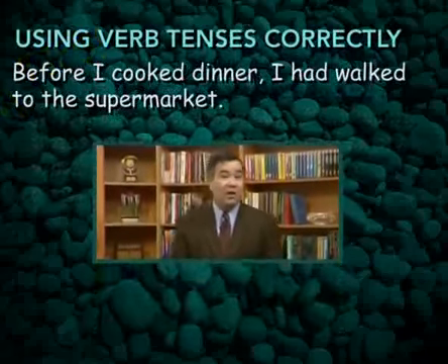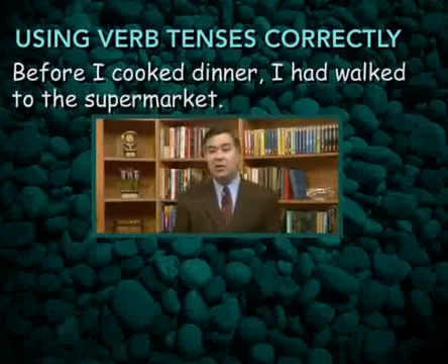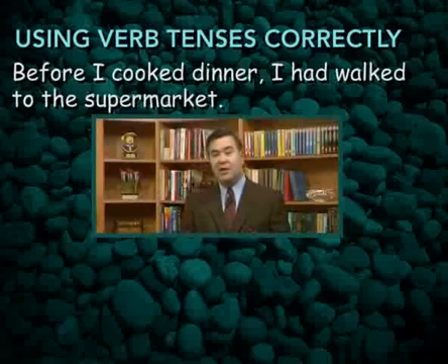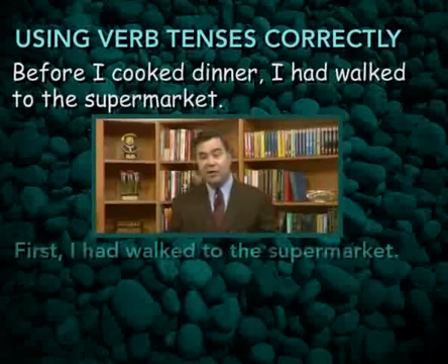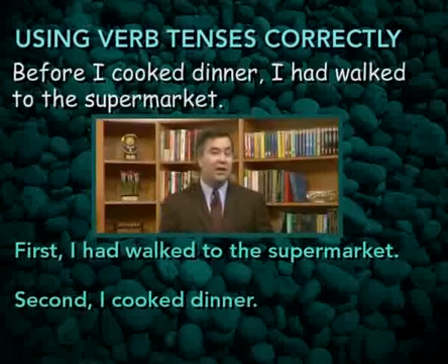Before I cooked dinner, I had walked to the supermarket. In this sentence, two actions are described, cooking dinner and walking to the supermarket. What's the sequence of events? Which happened first, which happened later? Well, the first thing that I did was walking to the supermarket. The second thing was cooking dinner.